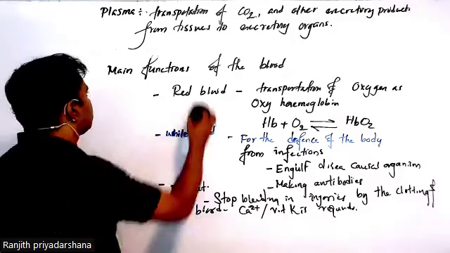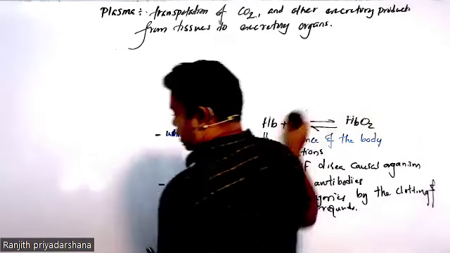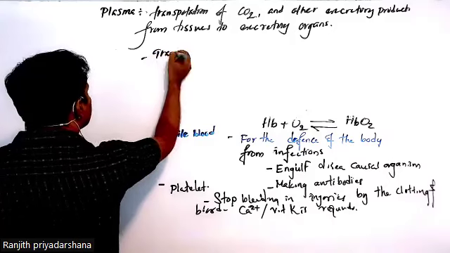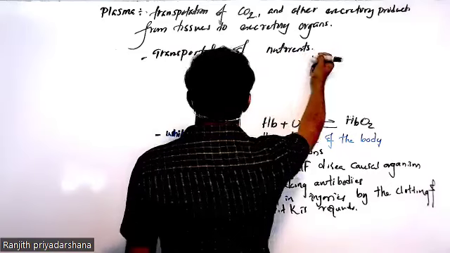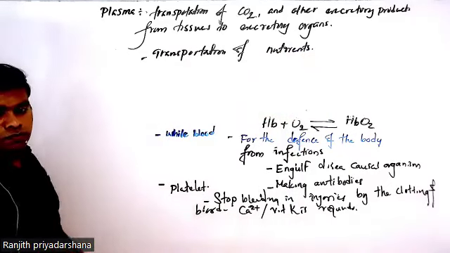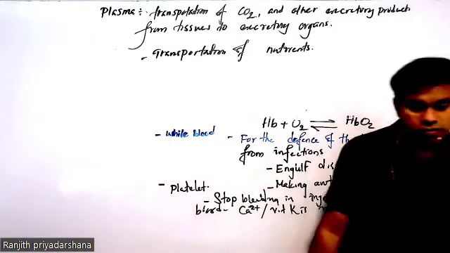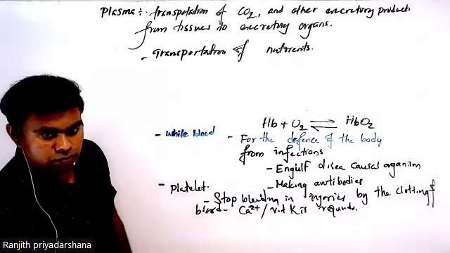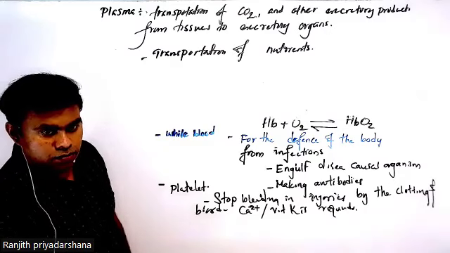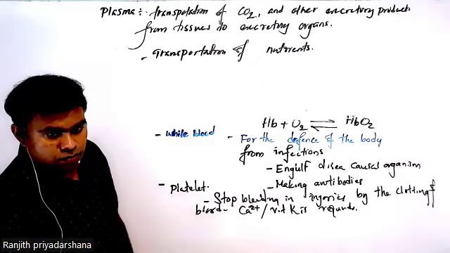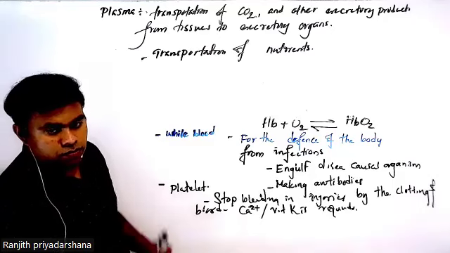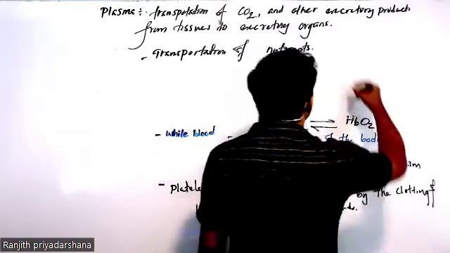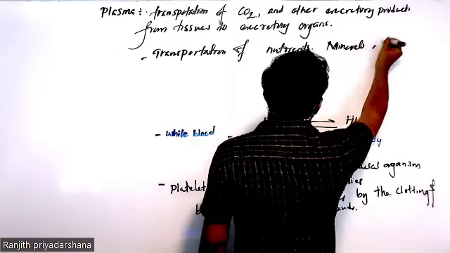Another function of plasma is transportation of nutrients. This means the end products of food digestion. Transport of nutrients, minerals, and vitamins.